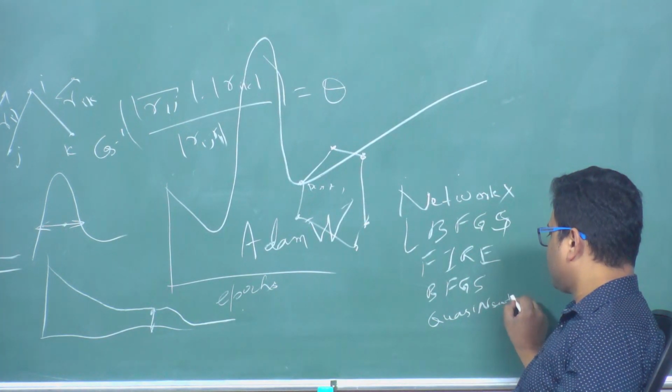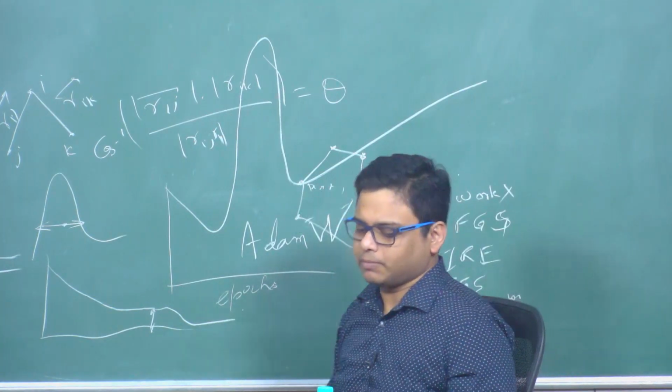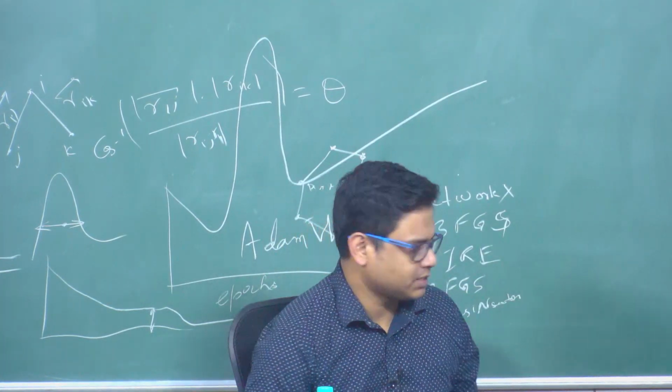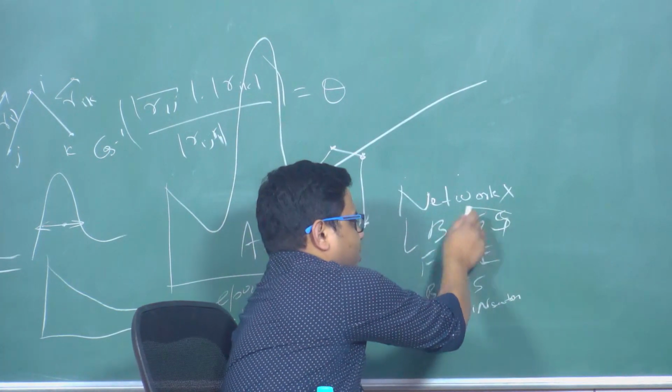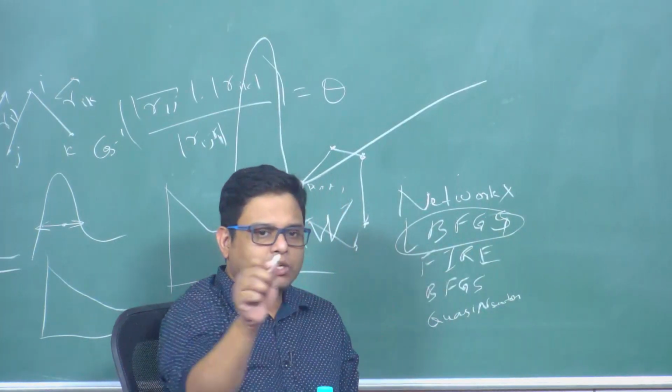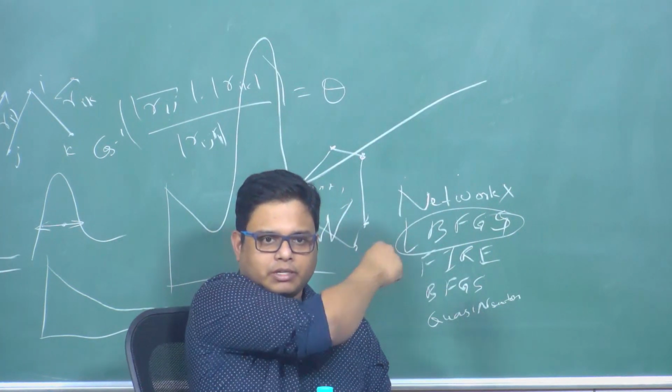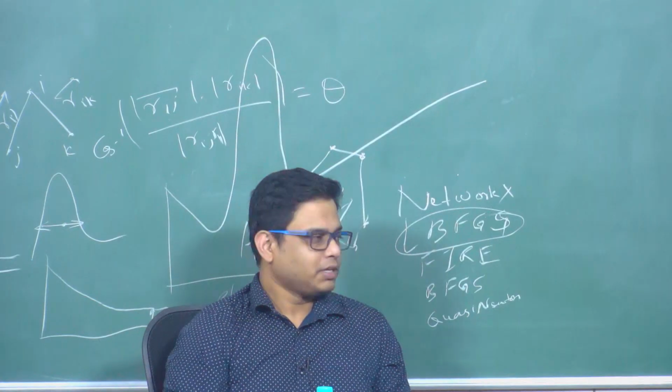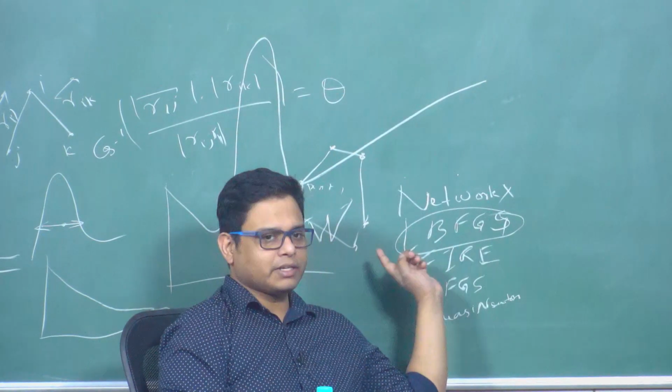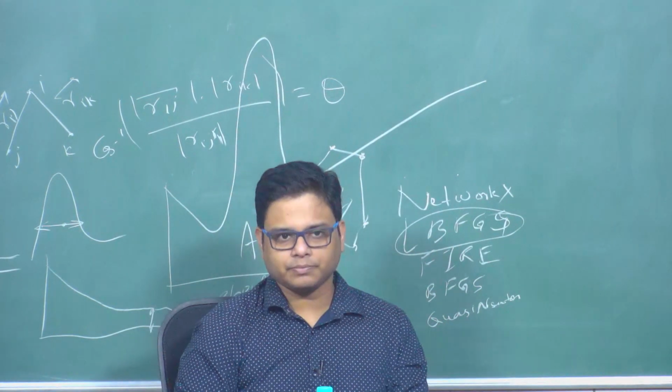I forget. But you do have some flexibility, though the most popular is LBFGS. So when you did dot predict, that's what it used, LBFGS, by default. These are for scientists, BFGS.